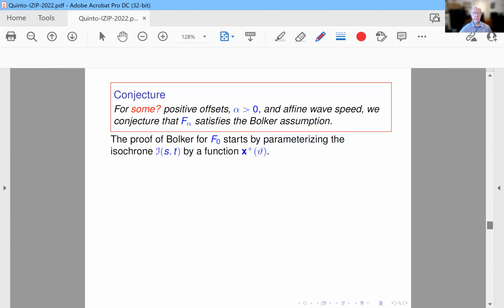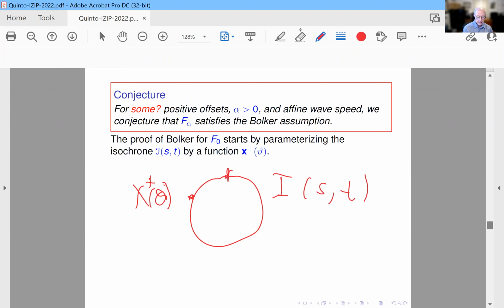The proof for F0, alpha equals 0, starts by parameterizing the isochrone. I'm going to use the plus, which isn't clear here. We don't really need it, but x plus of theta is a point on the isochrone, I of s, t. And so we can parameterize it by a sort of angle going around.